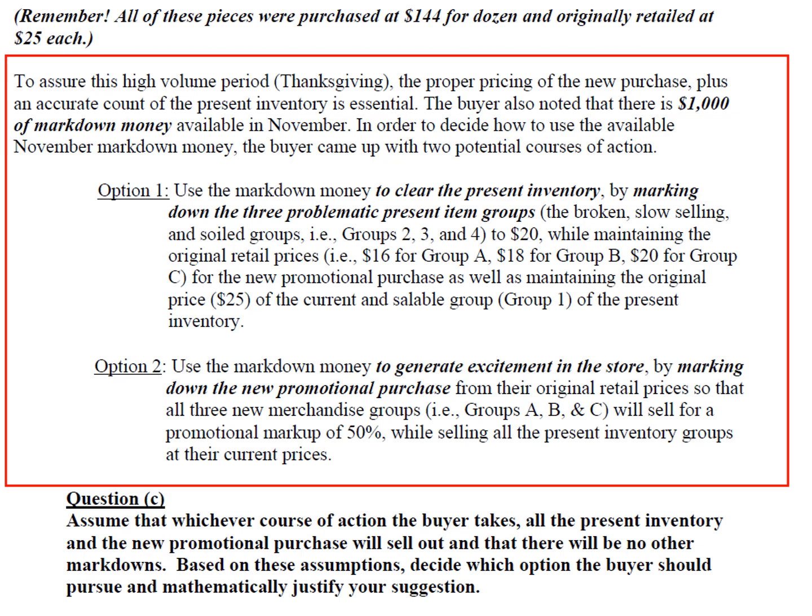The buyer noted that there is $1,000 markdown money available for November, which the buyer can use for the Thanksgiving time. Markdown money basically means a markdown allowance. That means the buyer can take up to $1,000 net markdown on her merchandise, on all the knit tops combined together, the present inventory as well as the new merchandise coming in.